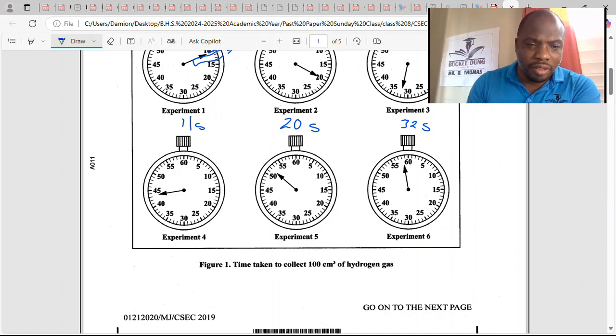So this one, 43. So 1, 2, 3, but it looks a little bit further than the 3. Looking at the center, no? That would be 43 point 5.